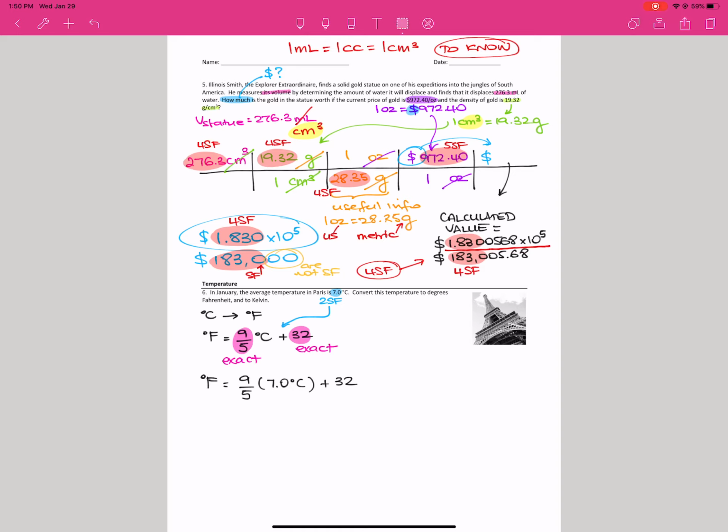Because we have the combination of both, we have to work the problem stepwise in order to have correct sig figs at the end. So we're going to first perform the multiplication here. Let's take a look at this.